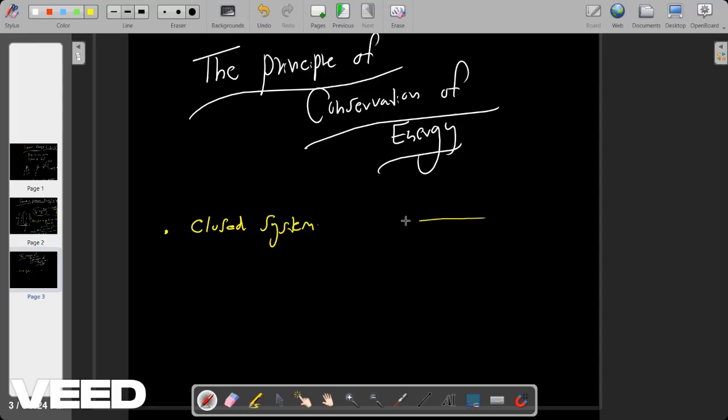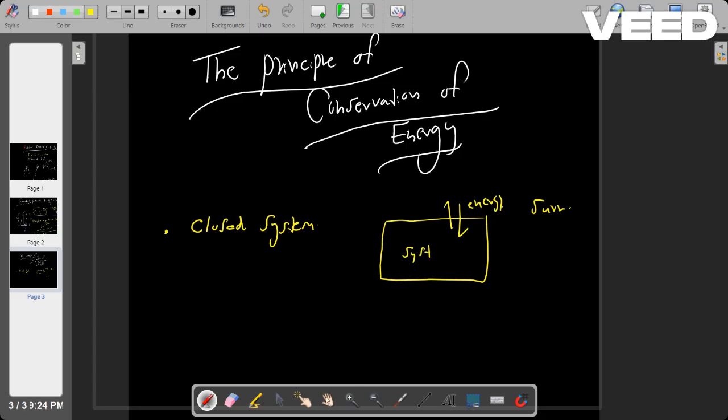Closed system means, as in the chemistry course we are discussing, this is the system, this is the surrounding. No mass change is happening. Only energy change is happening between the surrounding and the system. If mass change is also happening between the surrounding and the system, it is an open system.